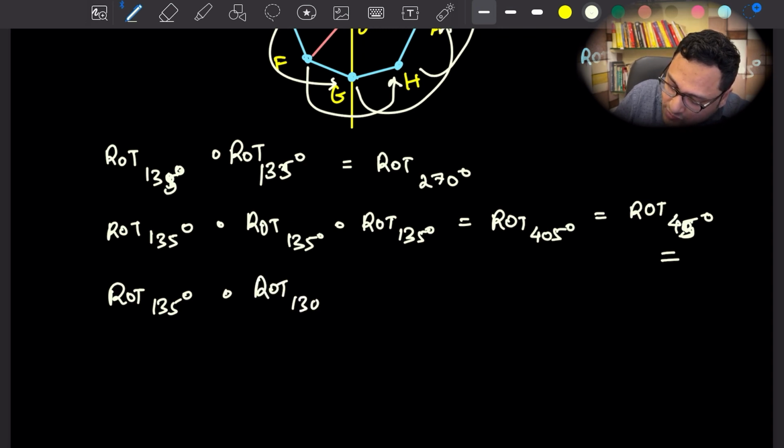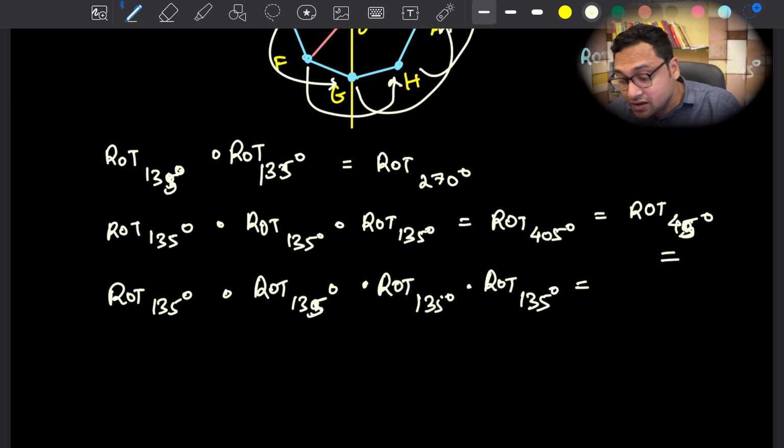So what happens if you compose it 4 times? If you compose rotation by 135 degrees 4 times, what would happen? Okay, so then you will have 405 and then you add 135 more, that is 540 degrees, right?